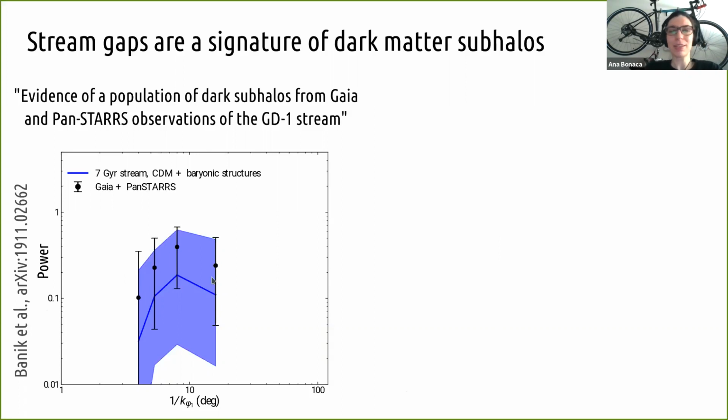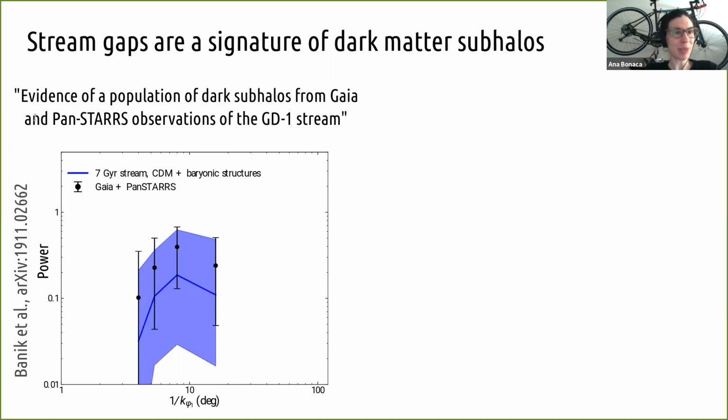And they ran some simulations first of an old stellar stream just orbiting in a galaxy with baryonic structures like spiral arms and molecular clouds in the Milky Way disk, and got power that is much lower than observed. However, when they added a population of cold dark matter subhalos to their simulation, they found that the amount of structure produced in the simulation is comparable to what is observed in the data.